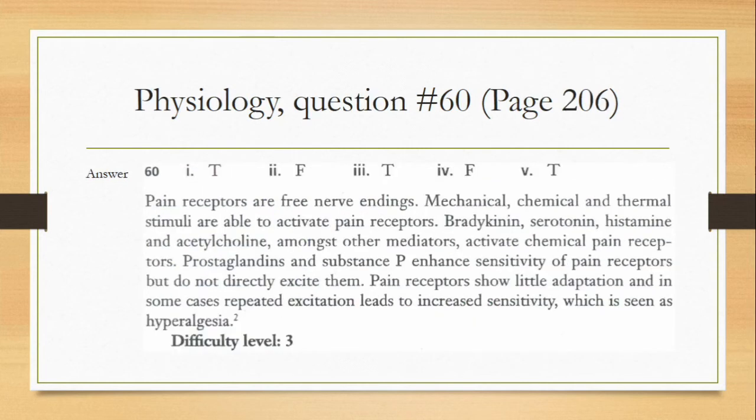And when you read the answer, it says the opposite. Pain receptors show little adaptation and in some cases repeated excitation leads to increased sensitivity. So that means that the statement number 5 should be false instead of true.